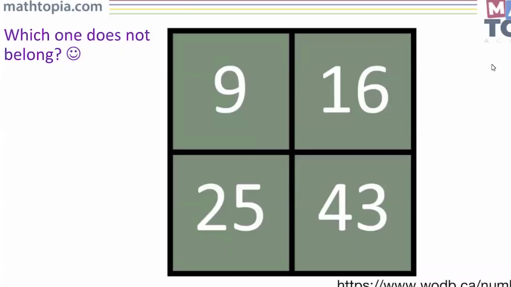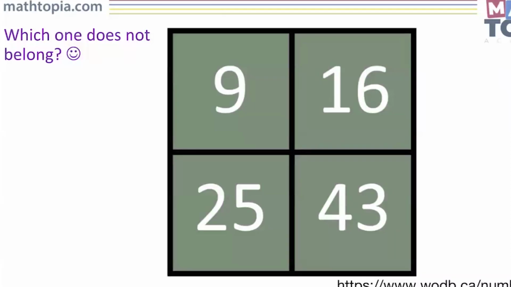I show you four objects, four numbers, and you will decide which one doesn't belong. It means that three of them will have the same feature, and one of them is different. And then we will create five solutions. There is not one single solution. We will create more. Start with Sarah.